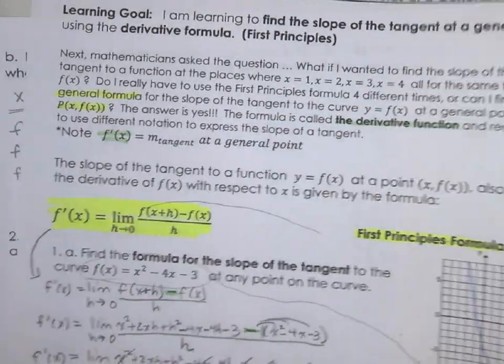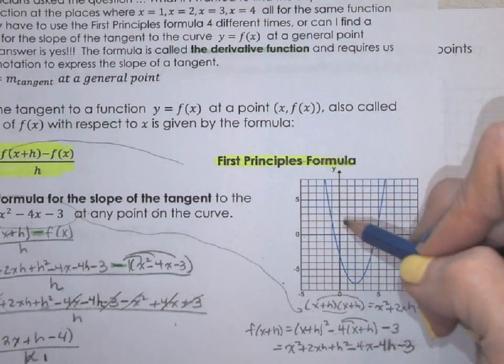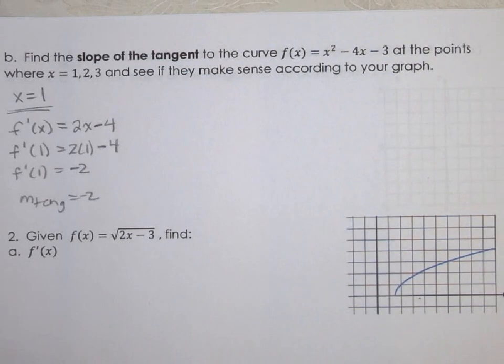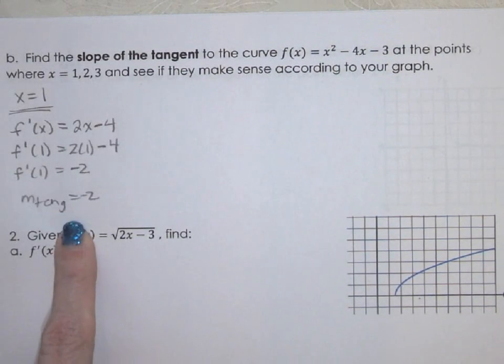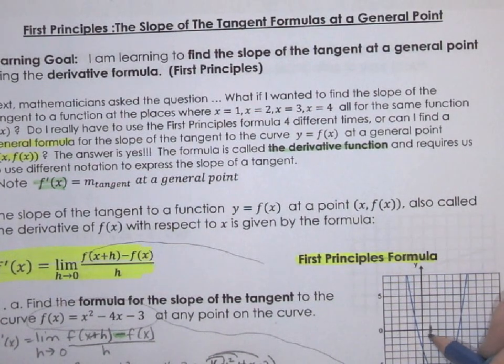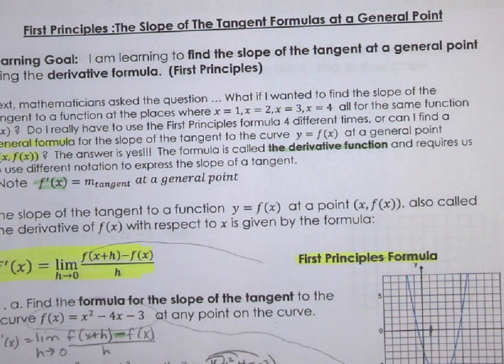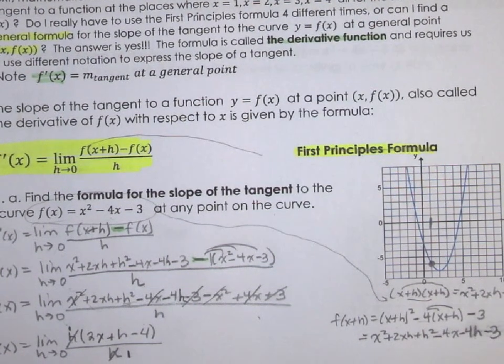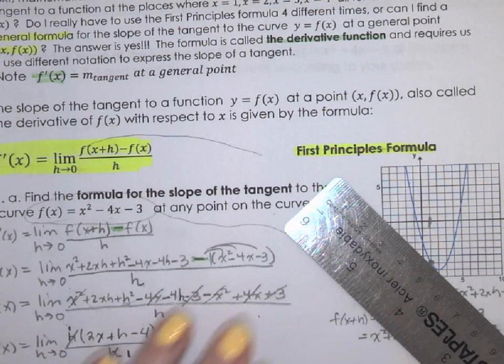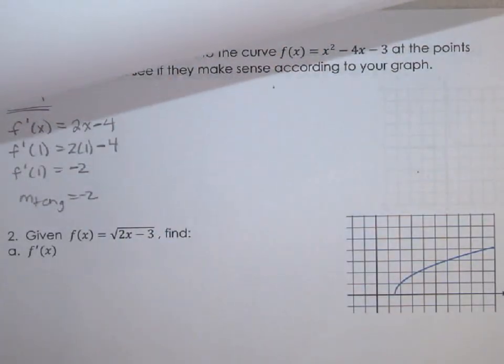So let's look at our graph here. Find where x is 1, and the slope should look like negative 2. So here's where x is 1 on the curve. That corresponds to this point here. And then you can see that it's going to have a negative slope. And does that slope look like negative 2?